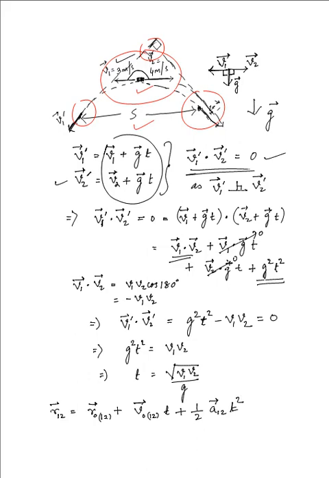Now, the relative position initially, because they were at the same point over here, R012 is definitely going to be 0. So this goes to 0.